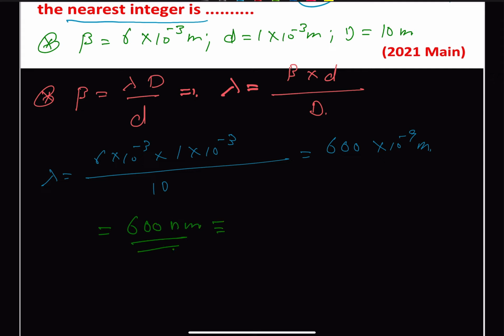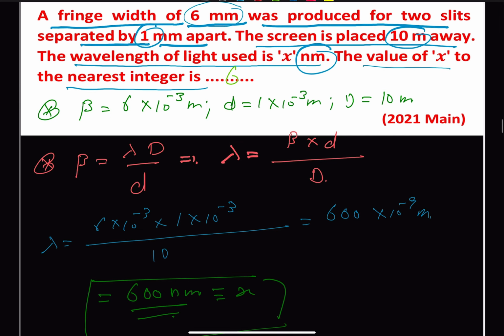So this will be our value of x. So value of x is 600.